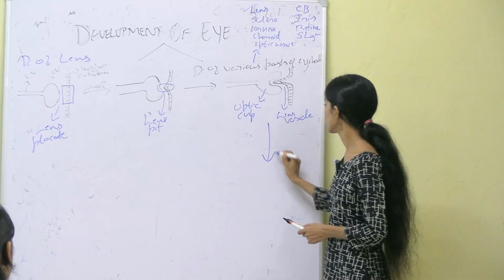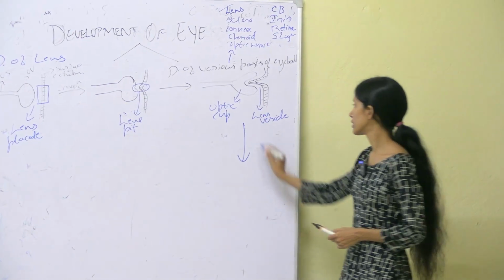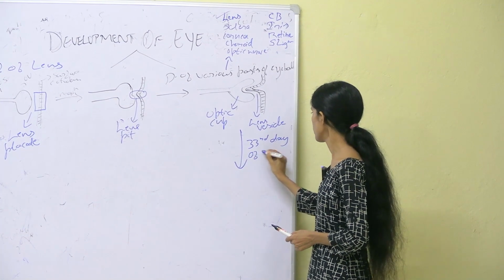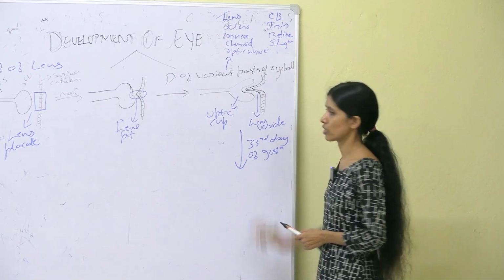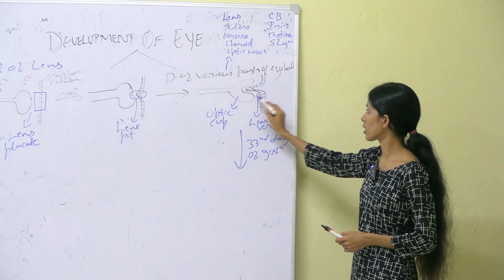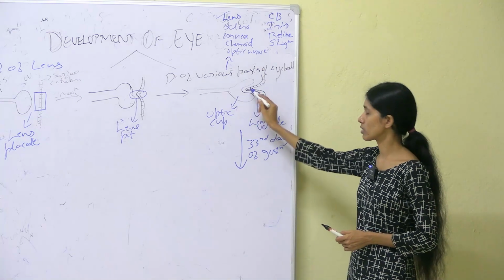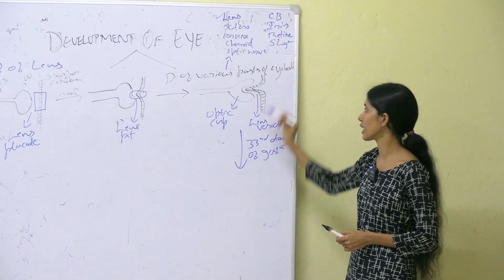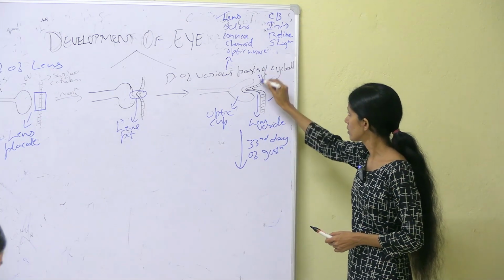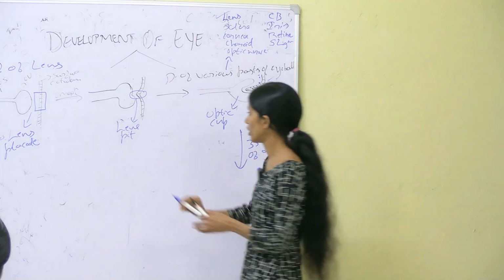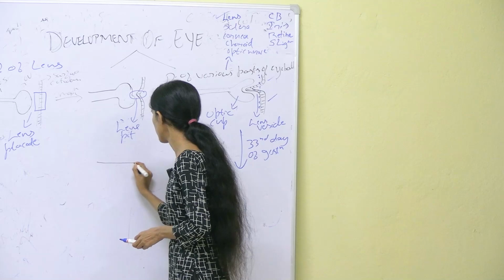So by the 33rd day of gestation, whatever surface ectoderm part that invaginated into your optic cup region will completely get separated from your surface ectoderm part. Okay, so now the structure will look exactly like this.